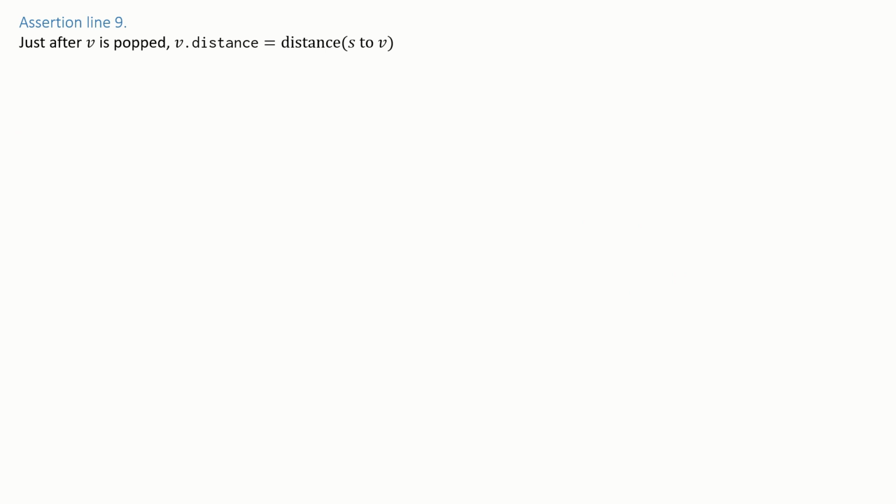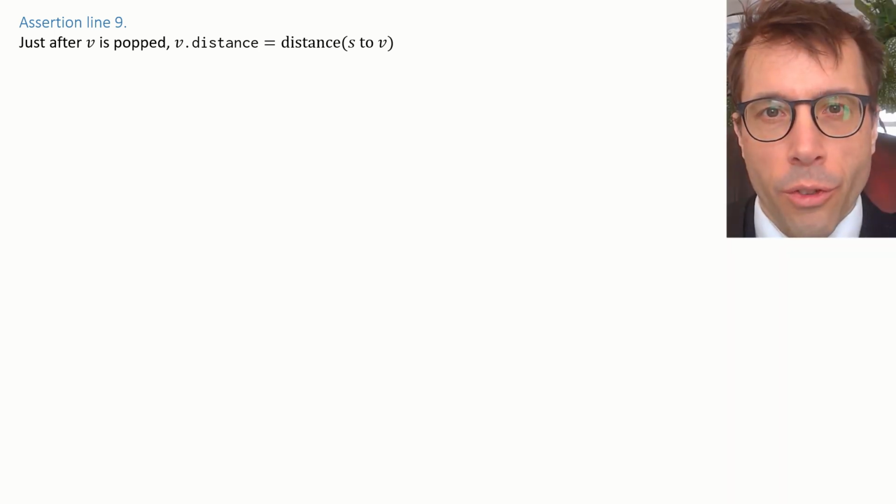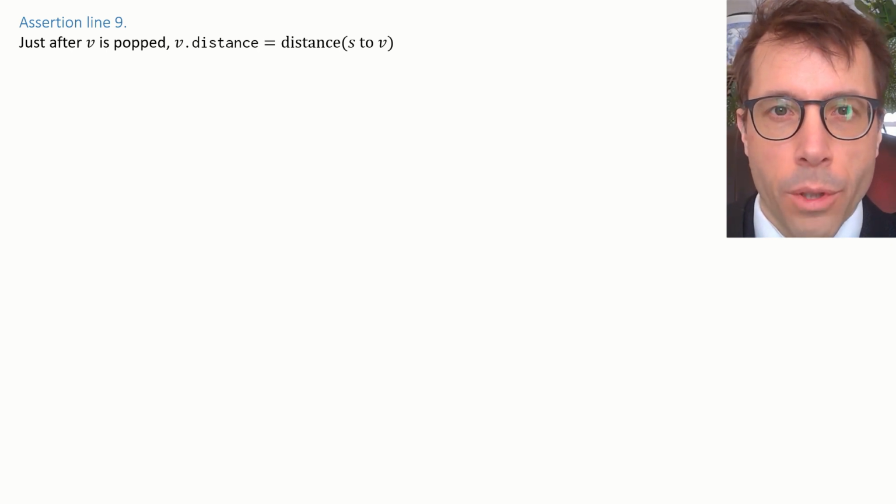Let's first prove assertion 9, which says that just after a vertex v is popped, then its computed value, v.distance, is equal to the platonic mathematical quantity, the shortest distance from S to V. The assertion isn't claiming that this equation holds at all points in time, it's just claiming that it's true at this particular instant in time, just after v is popped.